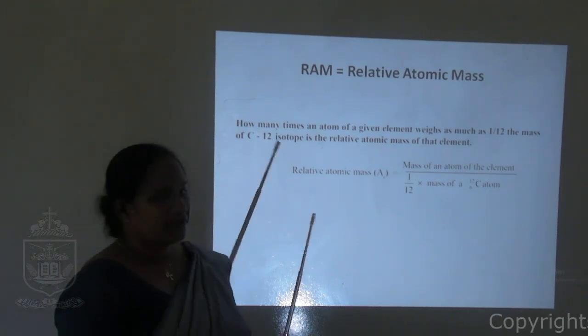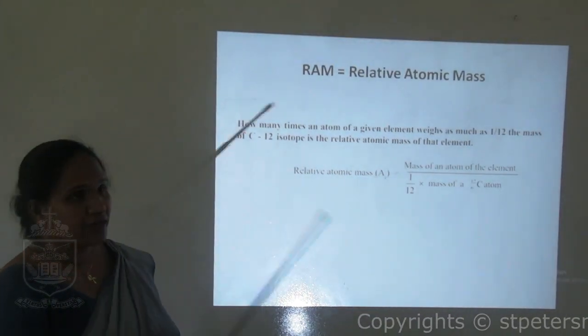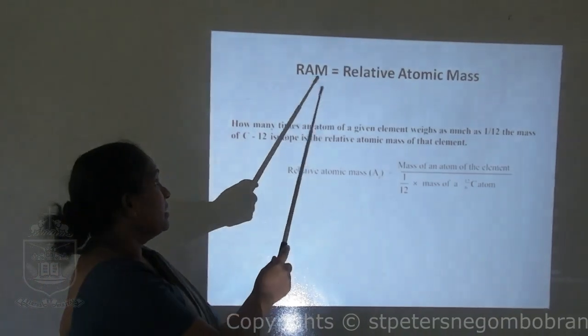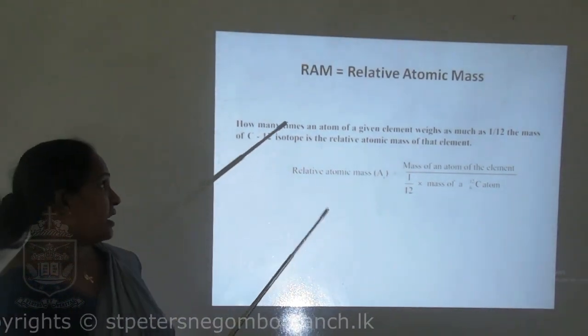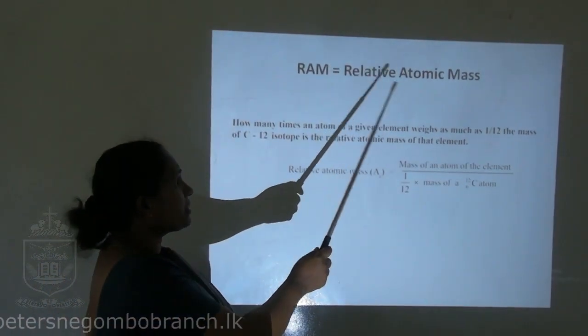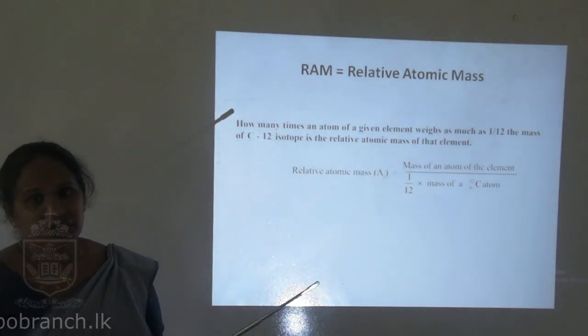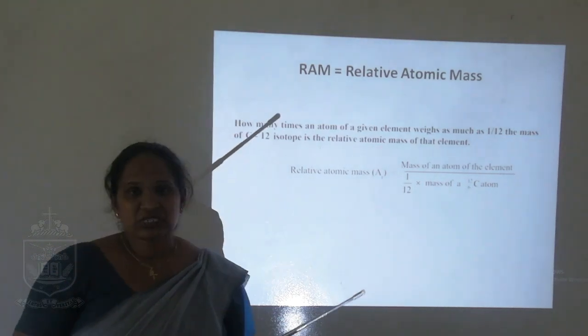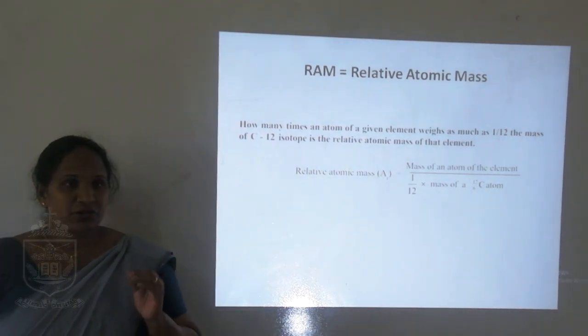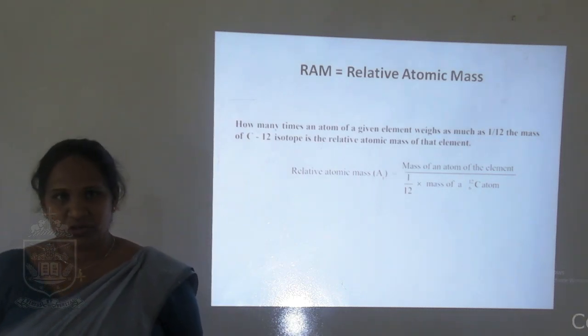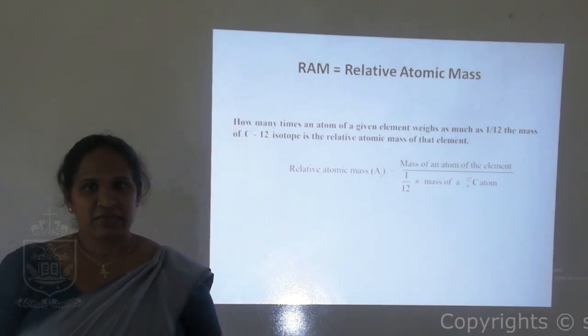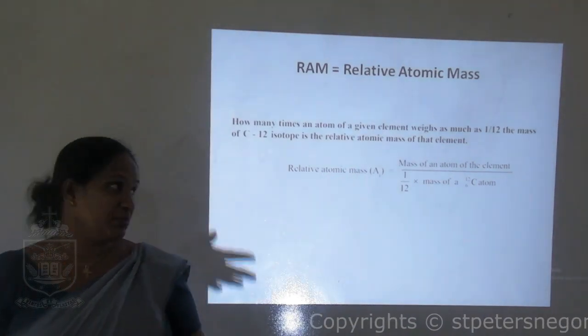Right. This is a very important part after atomic mass unit. This is needed: RAM, relative atomic mass. Relative atomic mass means the mass of atoms. I told you that atom is very small, molecule is very small. As we are measuring in grams, milligrams, kilograms, we cannot measure them.